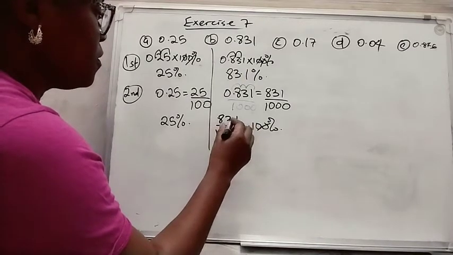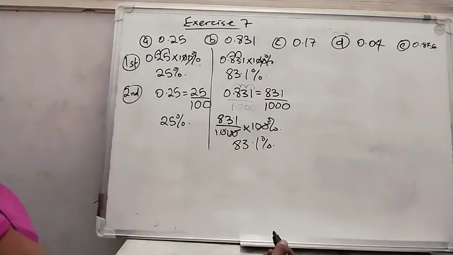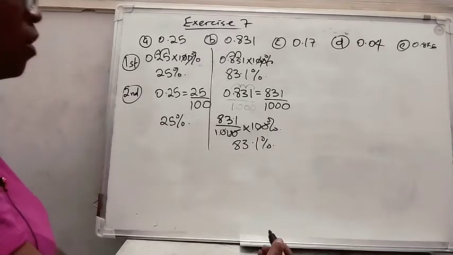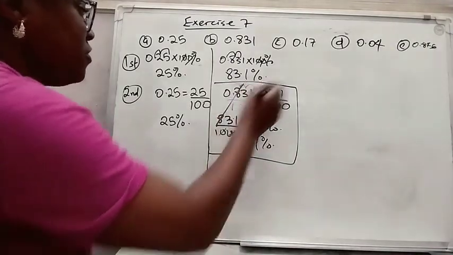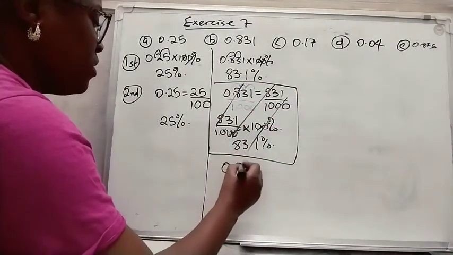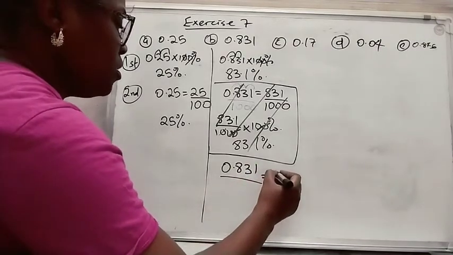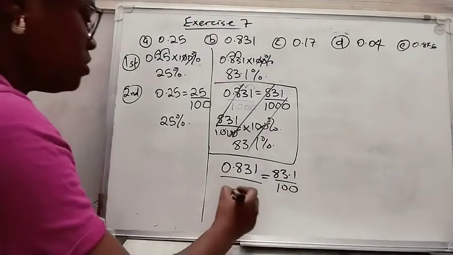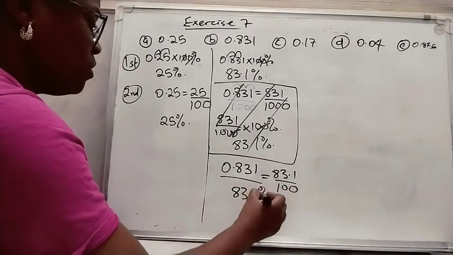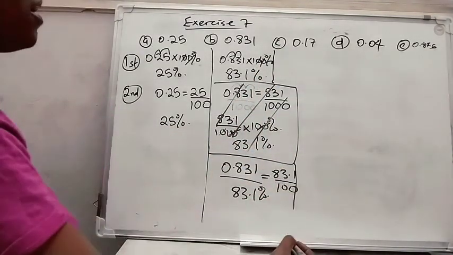Let me rephrase this to make it clearer. Let's try something else. We'll say 0.831 is equal to 83.1 over 100, which is also 83.1%. So now let's move on to the next exercise.